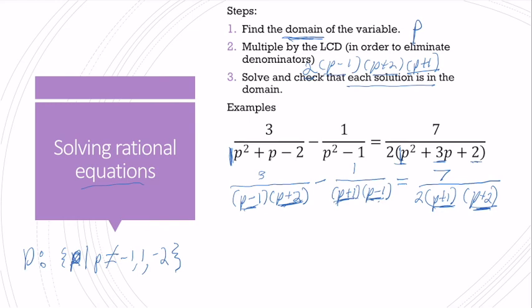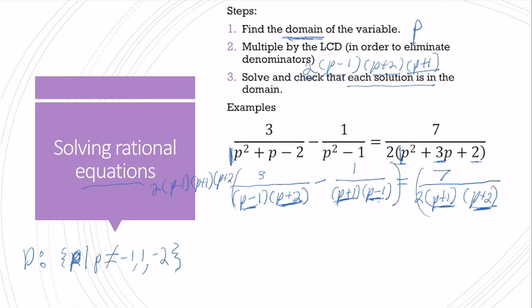So if I have 3 over p minus 1 times p plus 2, and we multiply by the LCD on both sides, so I have 2 times p minus 1 times p plus 1 times p plus 2.